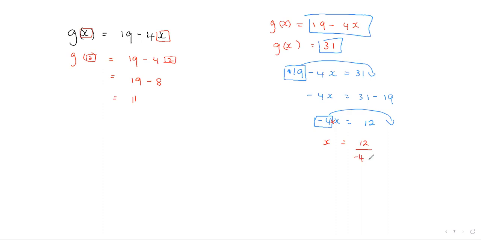So the sign on it didn't change because what changed was the multiplication into the division. So remember, you're going to divide like normal. 12 divided by 4 is 3. But because you have two different signs, it's going to be negative 3.